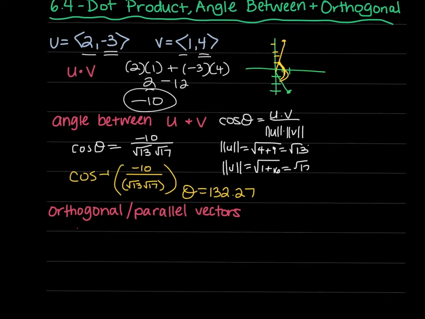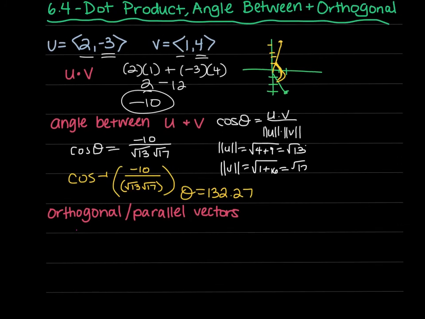So the question is, to be orthogonal, the dot product would be equal to 0. Or if you did your rise over run, they would be opposite reciprocals. And then for parallel, the rise over run would be the same.